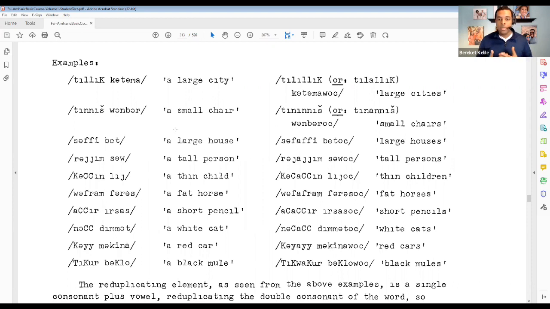Tinish Wanbar becomes Tininish Wanbarach. So you're getting a repetition within the word of the core of the double consonant in the middle of the word there. Tilak becomes Tilalik, Tinish becomes Tininish, Safi becomes Safafi, Rajam becomes Rajajam.